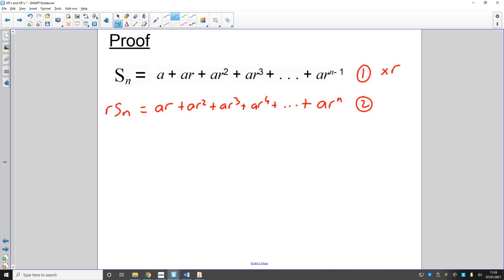Right, from here then, we simplify this by subtracting equation 2 from equation 1. So the left-hand side here will give me the following.